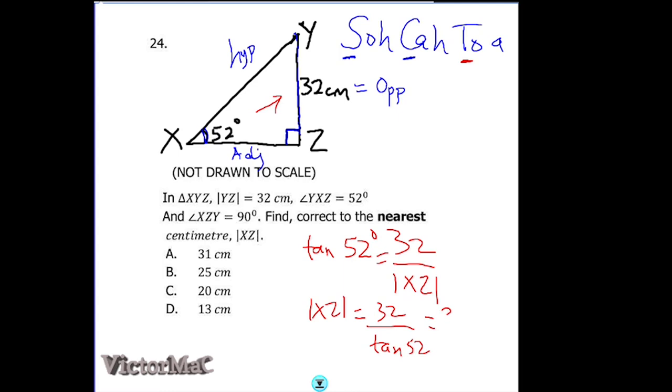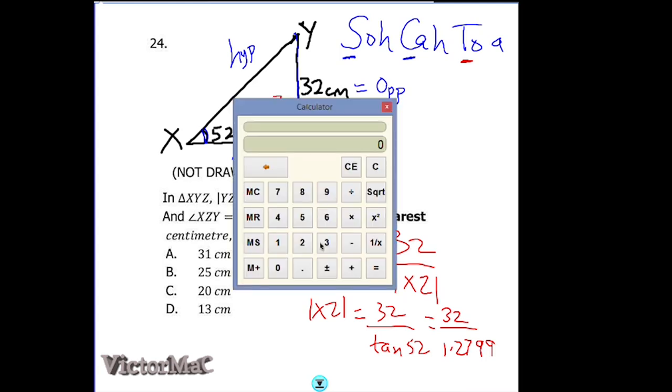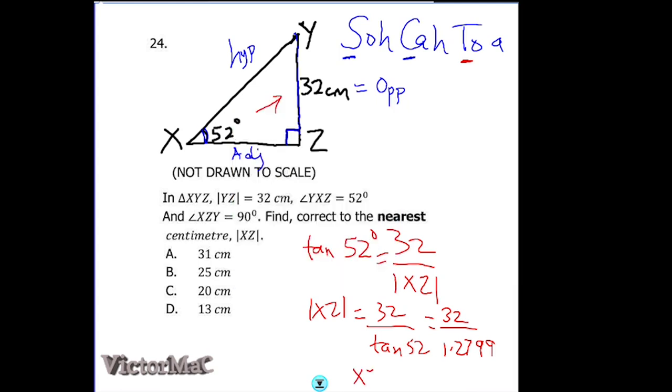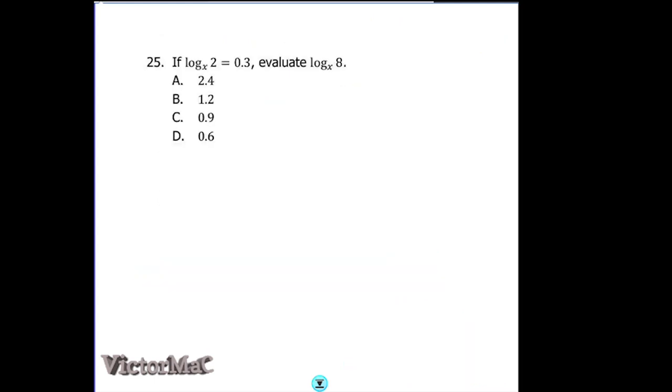All right, and then when we divide 32 by 1.2799, the answer is 25.0. So to the nearest centimeter, option B.